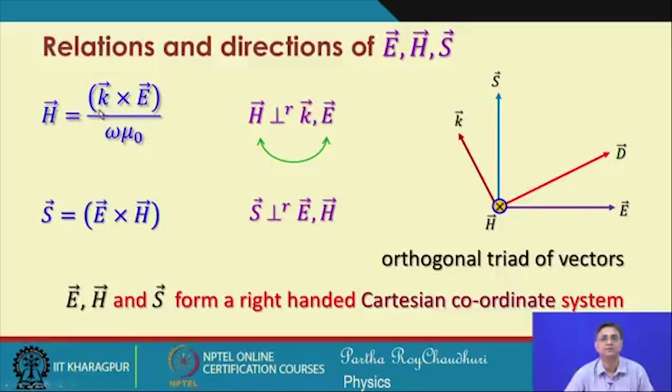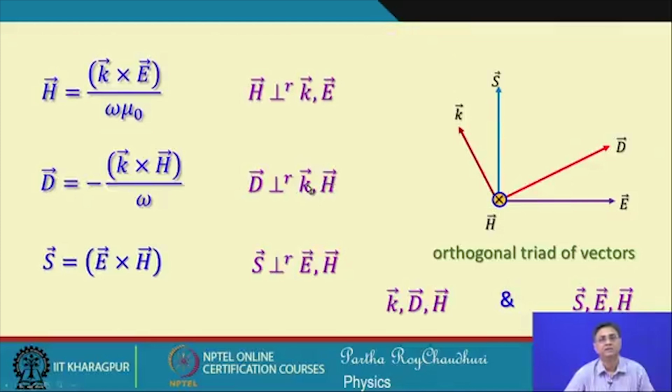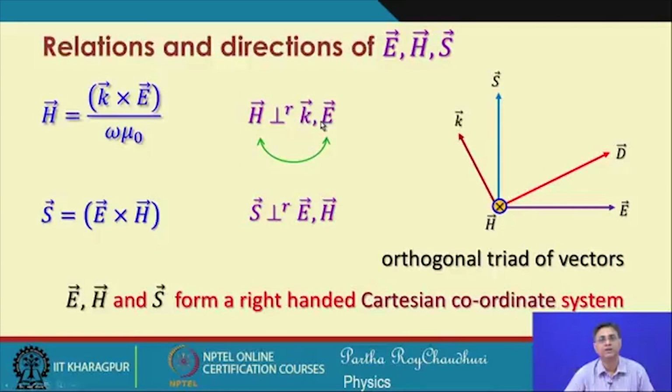That is, k, D and H are forming a right handed coordinate system, and for S, E and H, we can simply look at that H is perpendicular to E, and we have seen individually that S is perpendicular to H and perpendicular to E. So, you have this direction of propagation of the Poynting vector that is perpendicular to the H vector and E vector.